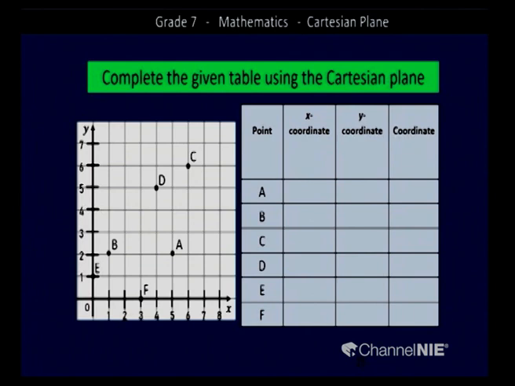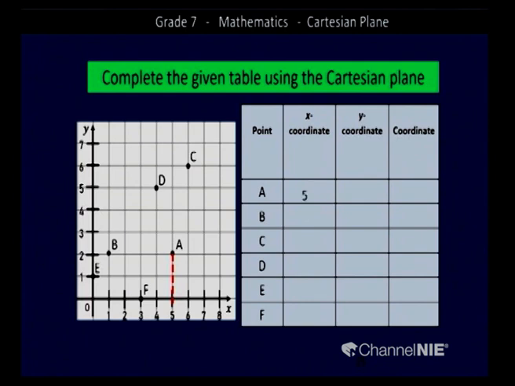So, I will start with point A. To get the x coordinate, I have drawn a perpendicular from point A to the x axis. There I can see the perpendicular goes to plus 5. Therefore, the x coordinate is plus 5.